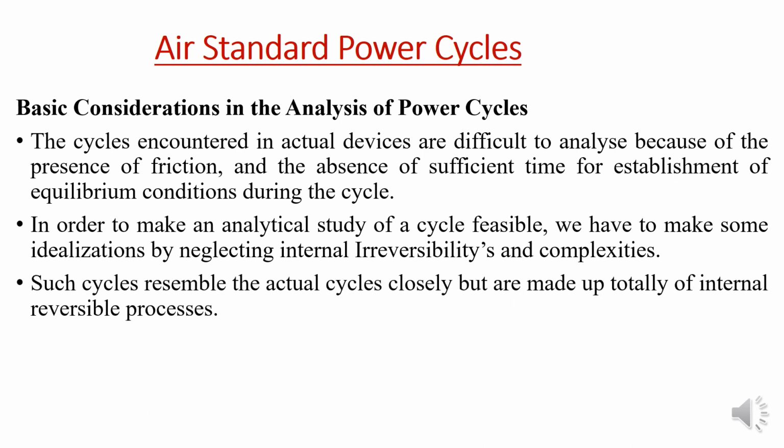For example, in boiling we assume the process takes place at constant pressure, but in actual cases there might be variation in pressure because of irreversibility. Hence we are not considering irreversibility here. We make assumptions such that the model resembles the actual cycles, so there should not be much deviation when compared to the actual cycles.